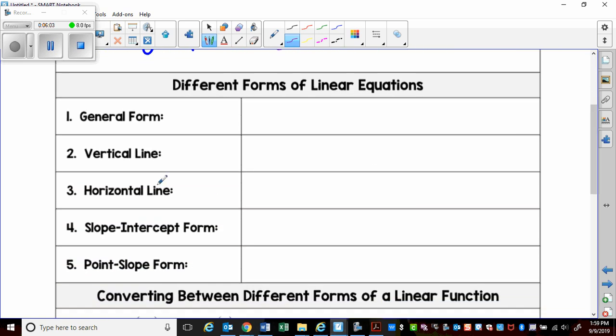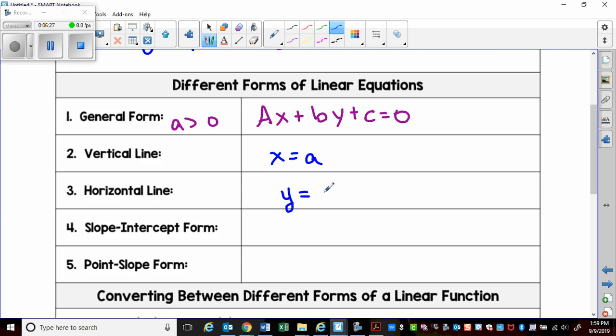Alrighty, different forms of these equations. General form is only when a is greater than 0, and it is ax plus by plus c equals 0. The vertical line we know is x equals a number, maybe a. A horizontal line is when y equals a number.